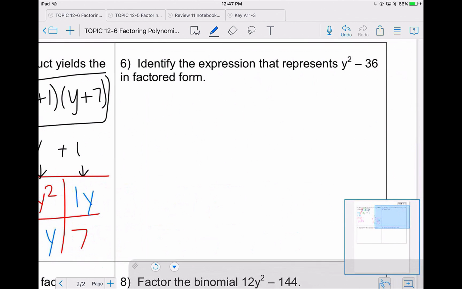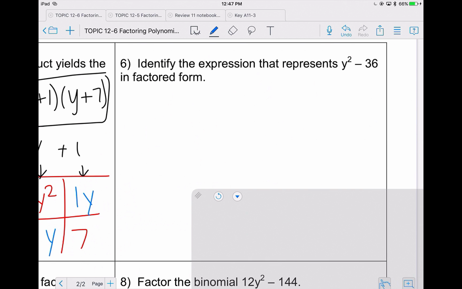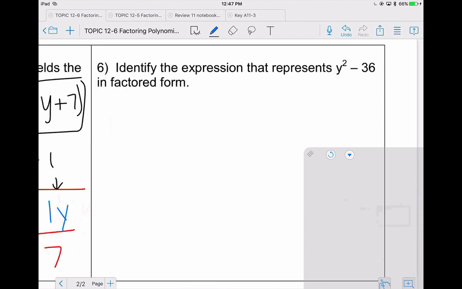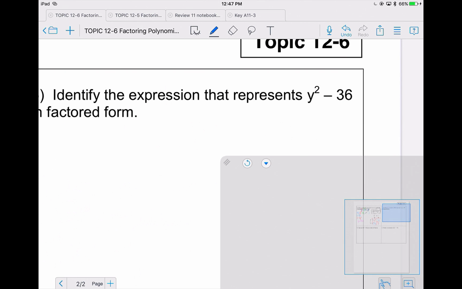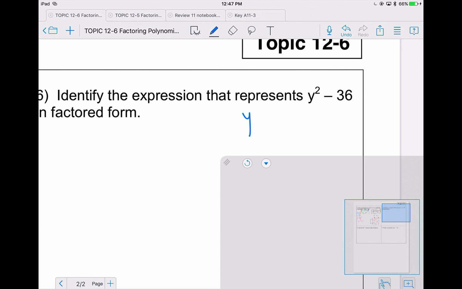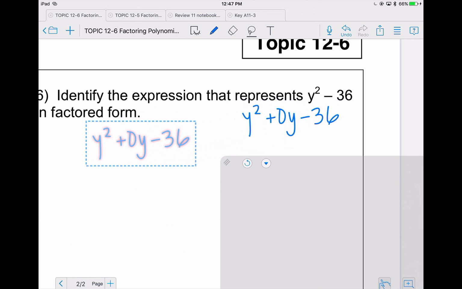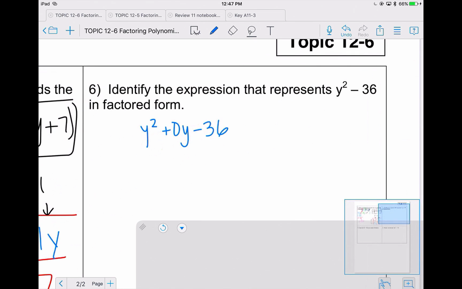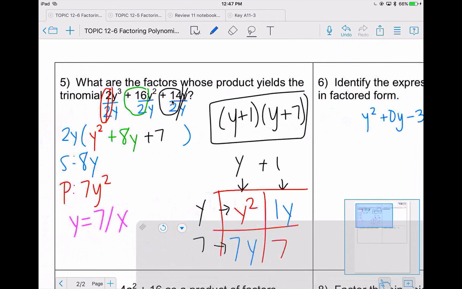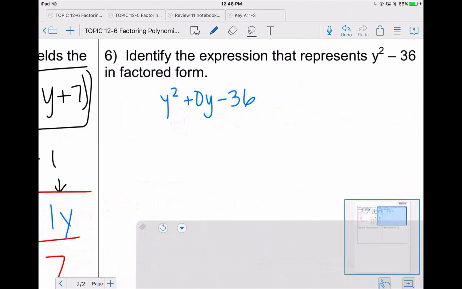Problem 6 asks us to identify the expression that represents y squared minus 36 in factored form. Now this one is a bit of a special case. We can rewrite this as y squared plus 0y minus 36 because we need to know what happened with that sum. All of the other terms we've had so far have had three terms, a y squared, a y, and a number, and this one doesn't have that y term.